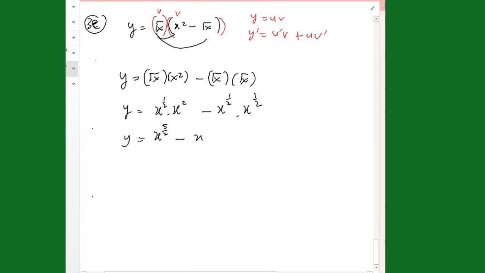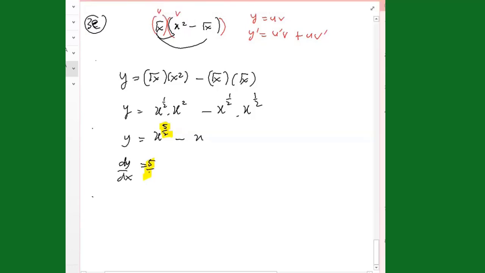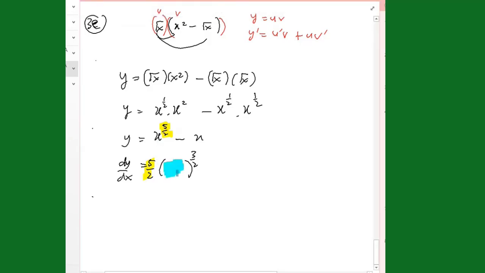So then the next step is differentiate. Differentiate is the same, we need dy dx. Differentiate using the power rule, bring down here. And then 5/2, it reduces, 5/2 minus 1 equals 3/2. Just do the next step inside there.